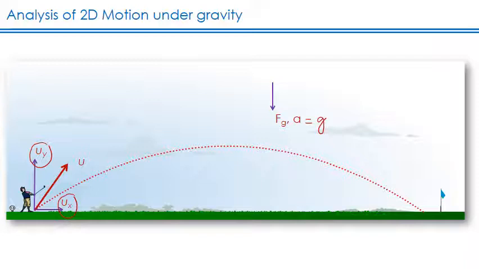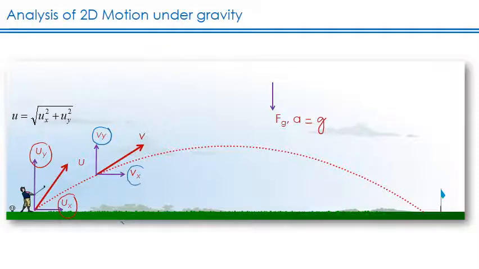After some time t, it reaches another location, so its velocity has changed. Because the direction of motion of the vertical component is opposite to the net force, the vertical component of the velocity decreases to a value Vy.